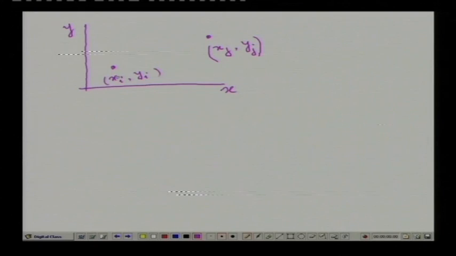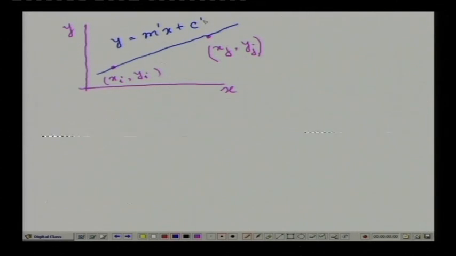Now, if I draw a straight line passing through these points x i y i and x j y j, this is the straight line which passes through these 2 points, and we know that this straight line will have an equation of the form y equal to say m dash x plus c dash.